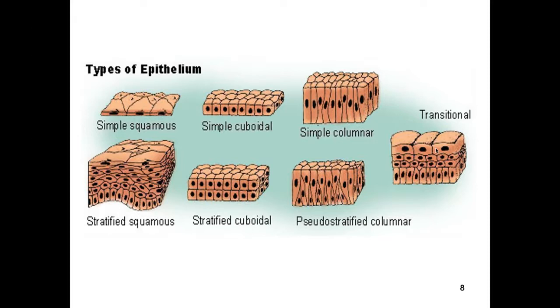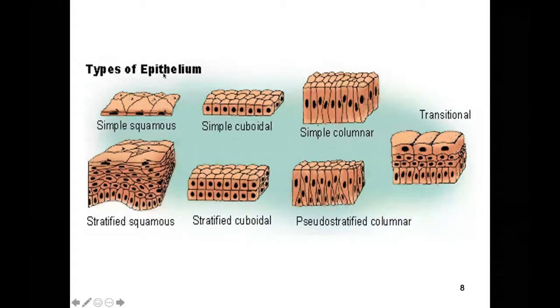Doesn't it distort? Doesn't it become stretched? So wherever we have organs that can increase and decrease their shape, let's say the urinary bladder that can increase or decrease in size depending on how much urine it's storing, the cells can stretch and alter in shape. So we call that transitional epithelium.